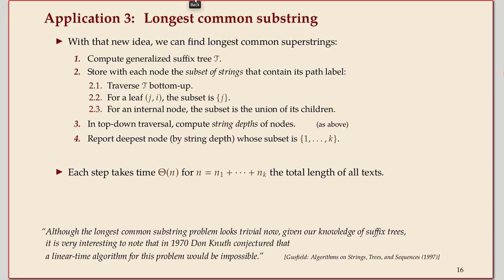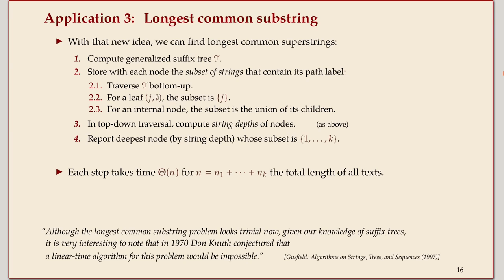So the structured way to exploit this idea is as follows. You start with the generalized suffix tree. And then at each internal node, you store the subset of the strings that contain this path label by doing a bottom-up traversal of the tree. You walk from the leaves towards the root. Any leaf only occurs in a single string.